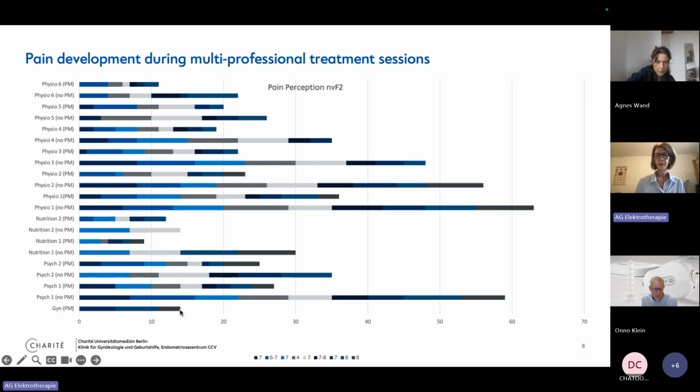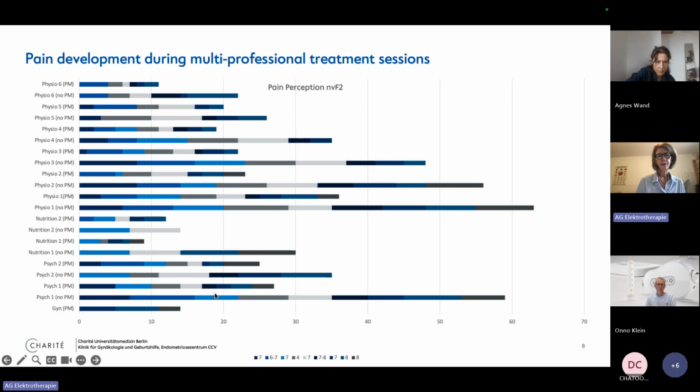You have a pain of 15, but here you can see the first psychological meeting, and after 6 months, 4 months, it depends how much time that took, it's less.